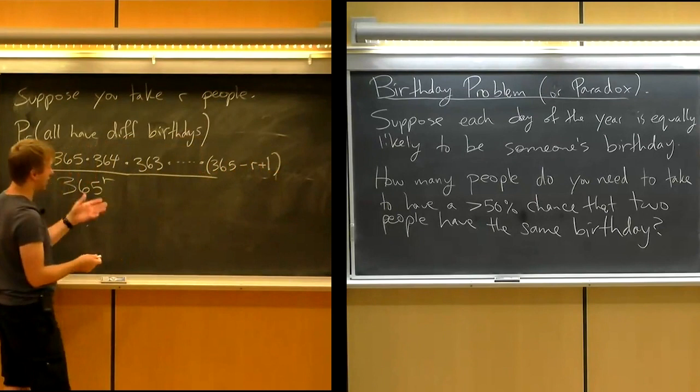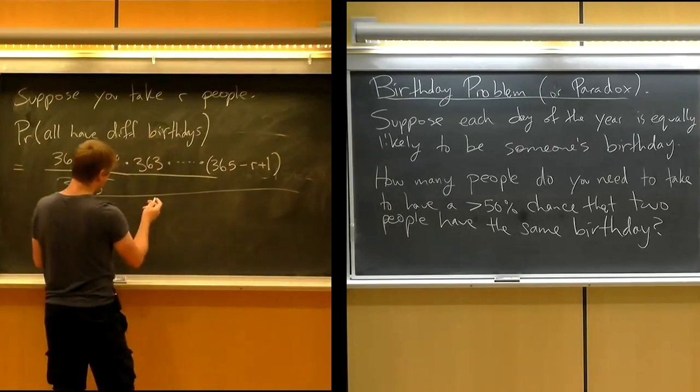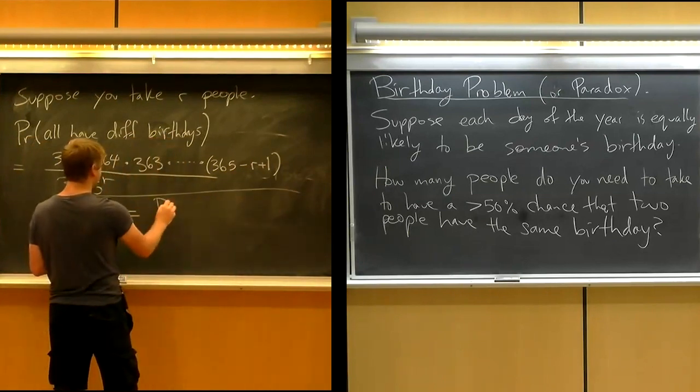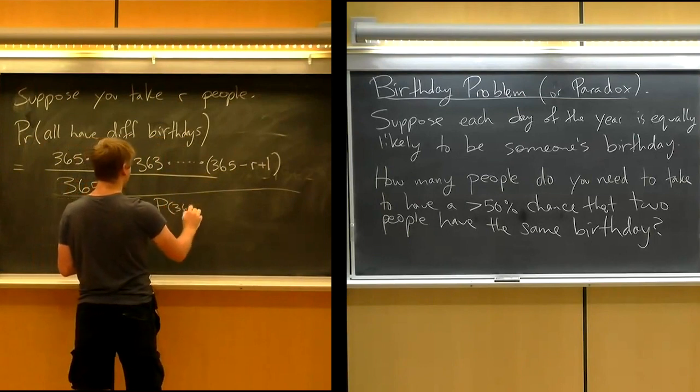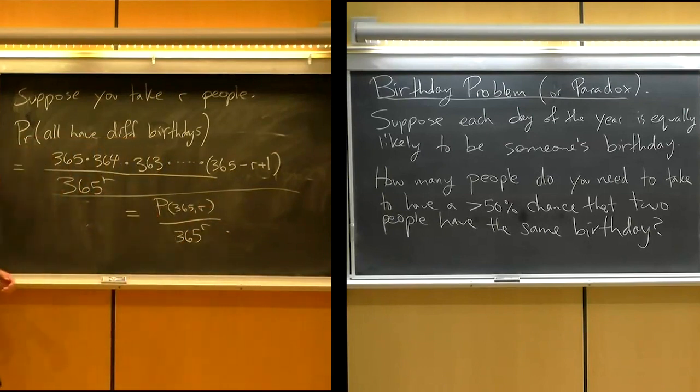Although you could also just say that this is P(365, R) over 365 to the R. So that's basically what I've written there.